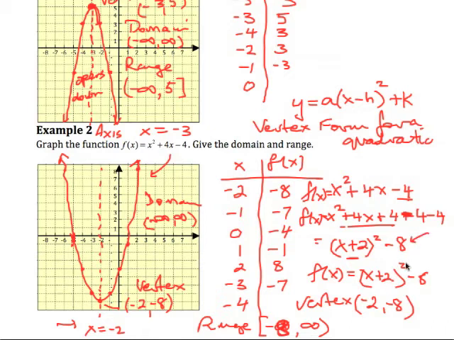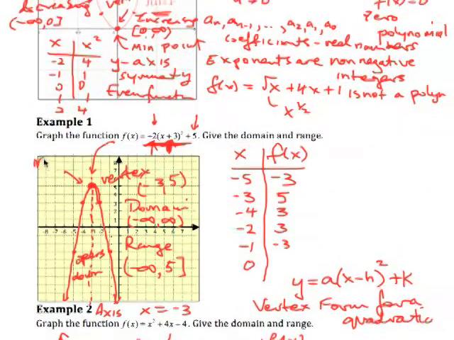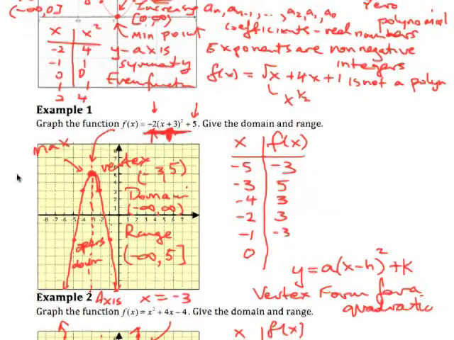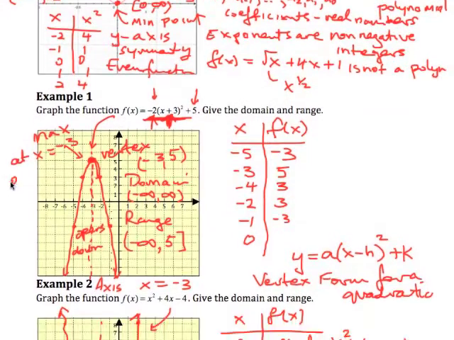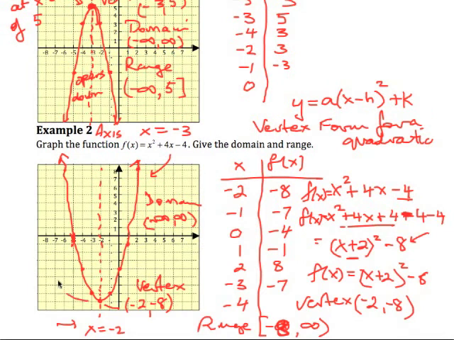And this is the y for the vertex. A couple other things here. For this one here, of course, we have a maximum. And we have a maximum value of the function at x equals -3 of 5. Whereas here, we have a minimum of the function at x equals -2 of -8.